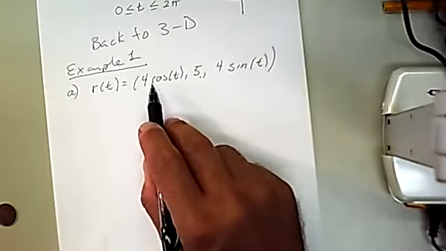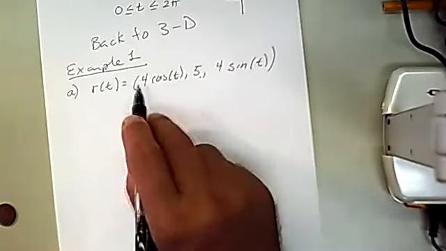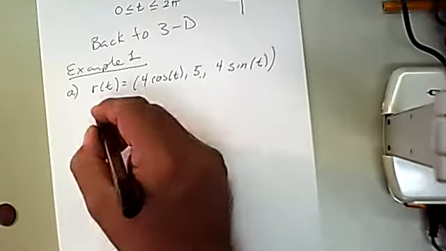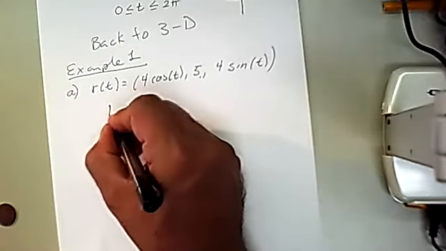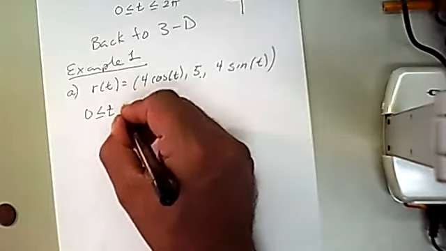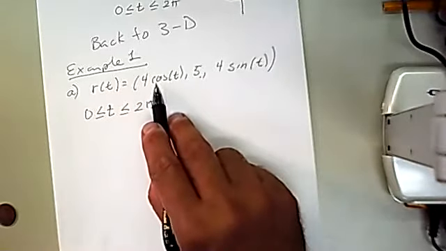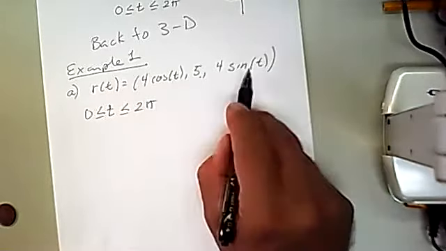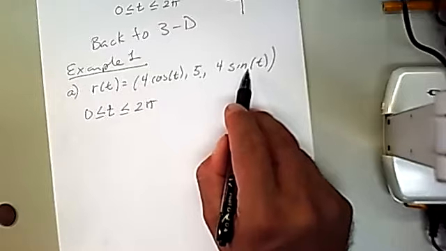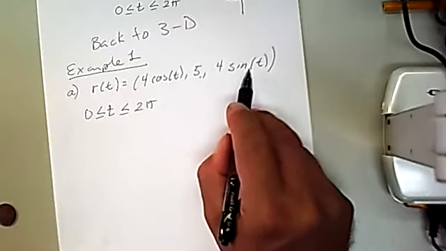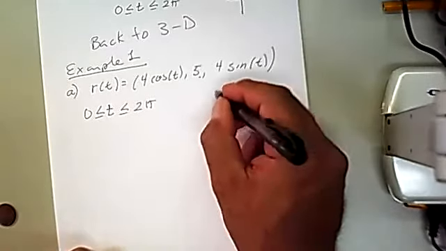We're going to start with an x value of when t is equal to 0. Let's make sure we put down a domain from 0 to 2 pi. So when t is equal to 0, we have the point 4, 5, 0, because the sine of 0 is 0. Let's draw the picture.